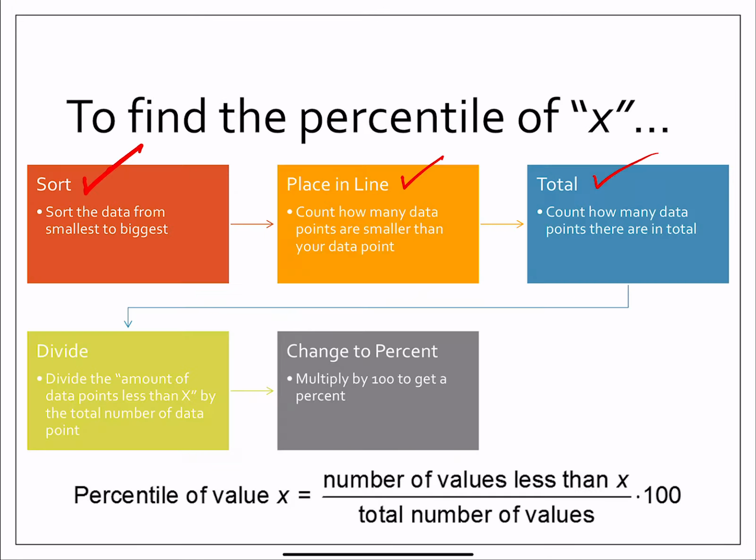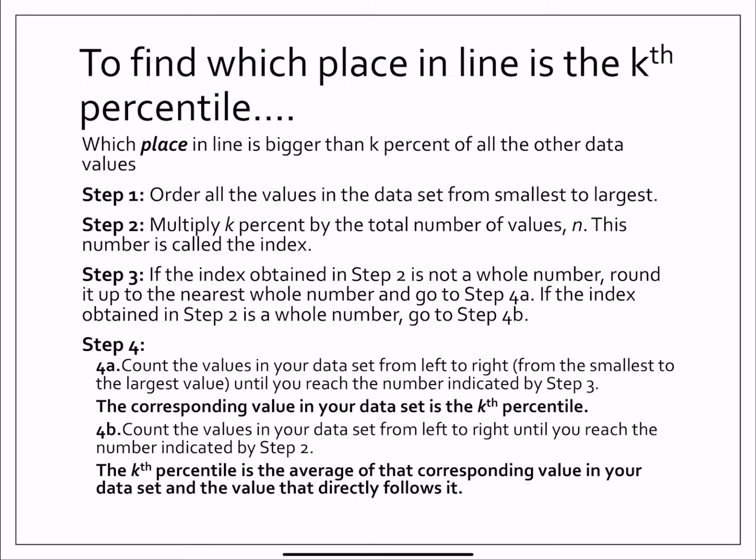So going back here, what if we wanted to find the place in line that some percentile was? So instead of saying, well, what percentile is 6.5 inches, instead, we could say which person in line fits the 75th percentile?